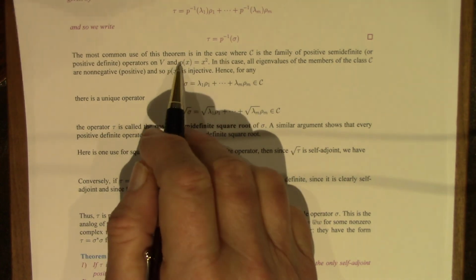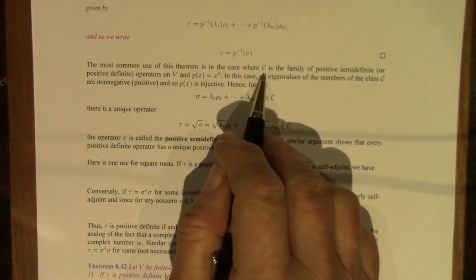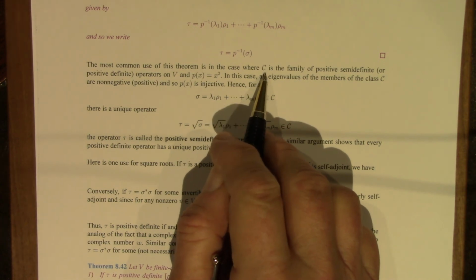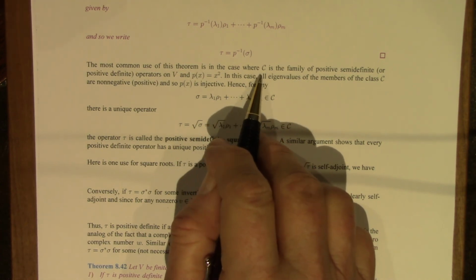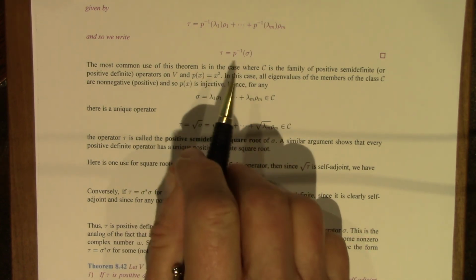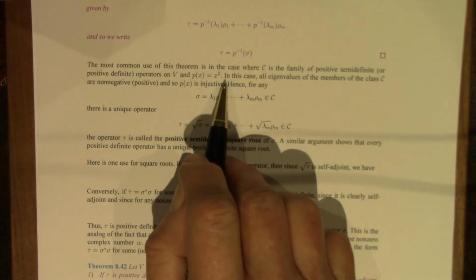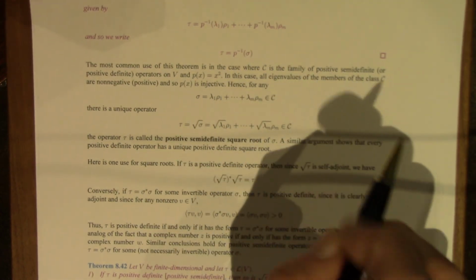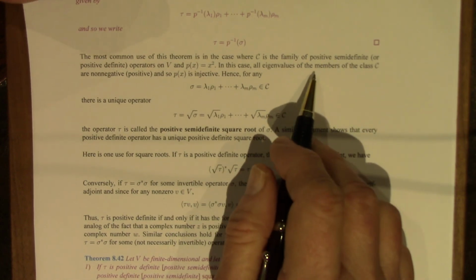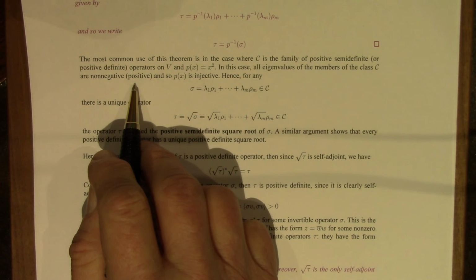The most common use of this theorem is in the case where C is the family of positive semi-definite or positive definite operators, and P of x is x squared. In this case, all the eigenvalues of the members of the class C are either non-negative or positive.